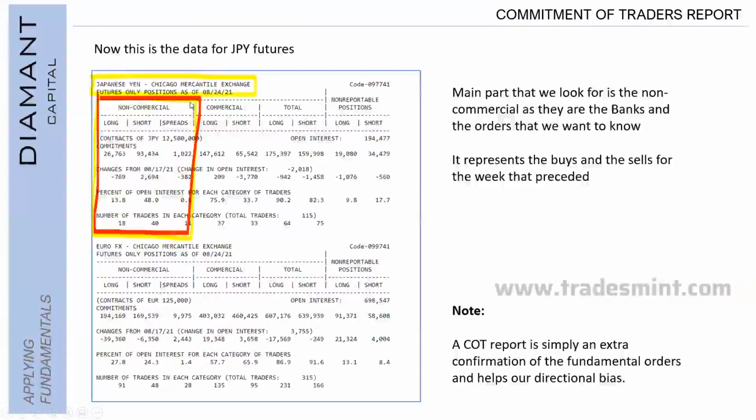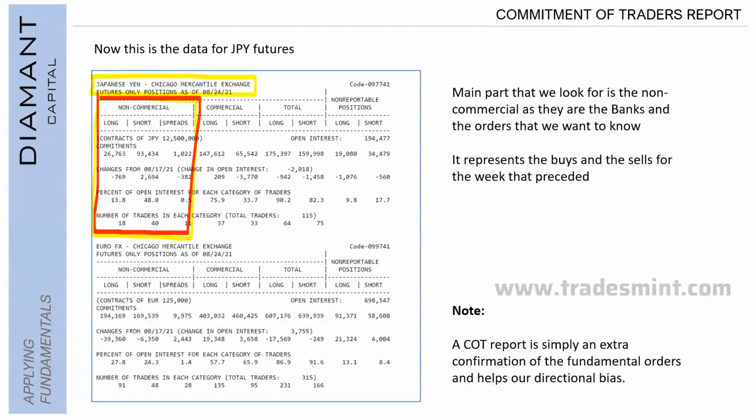In terms of non-commercial, this is the one we're going to be looking for, because that is actually the banks and all the larger institutions. The commercial are the businesses, for example. They would buy that futures contract as a trade, but in fact it has a direct effect in their marketplace.